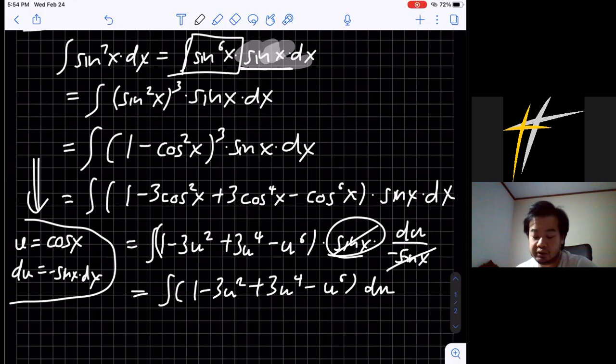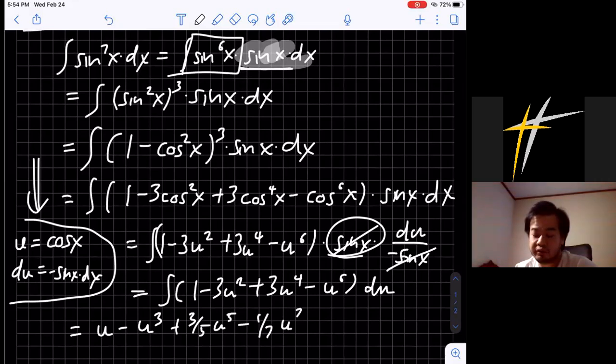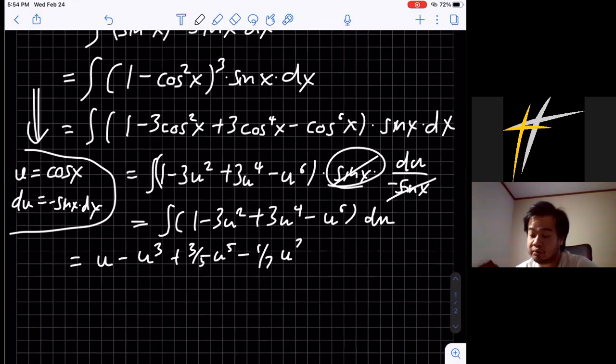And you can do this. So the solution is u minus u cube plus 3 over 5 u power 5 minus 1 over 7 u power 7. Okay, and then don't forget to put it back to the cosine. Oh, by the way, I forgot there is a negative. So negative, positive, negative, positive.